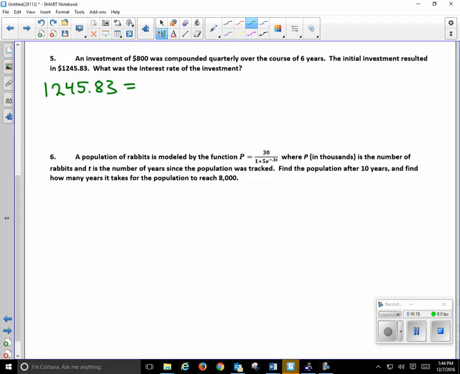I know the initial investment was 800. 1 plus, I don't know the rate. How many times was it compounded? 4 times in a given year, and raised to what power? 24. Because it's n times t. So that's the total number of times it was compounded.